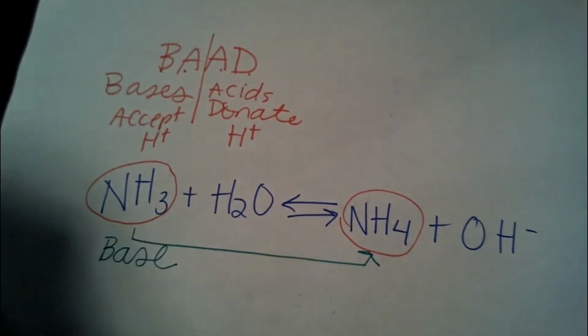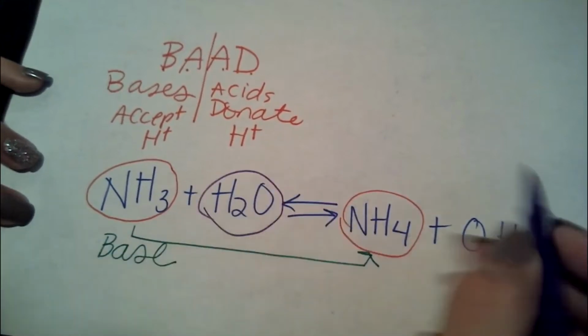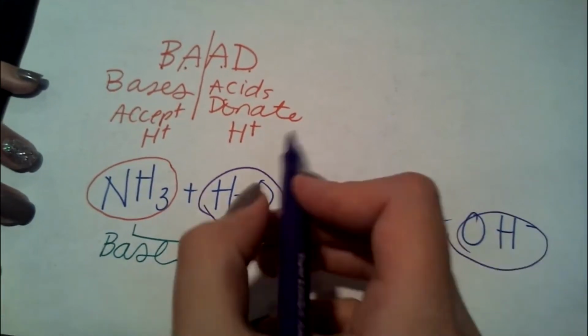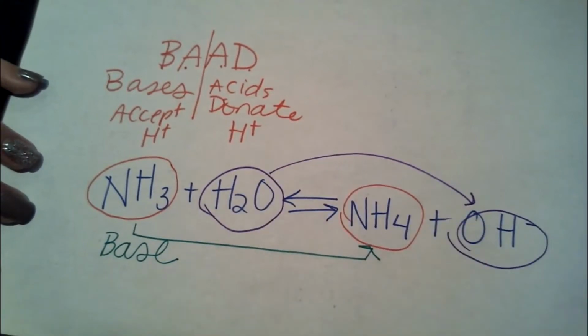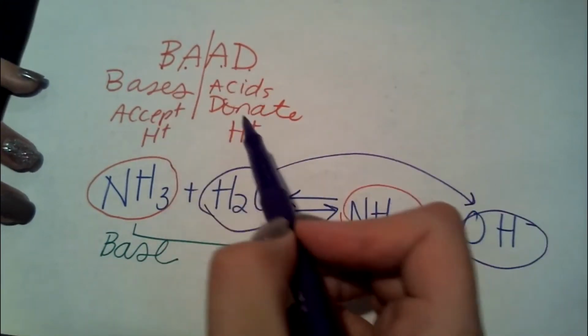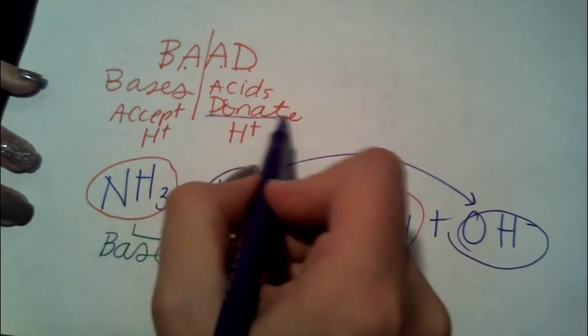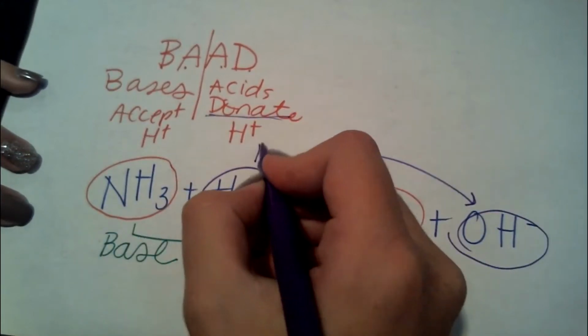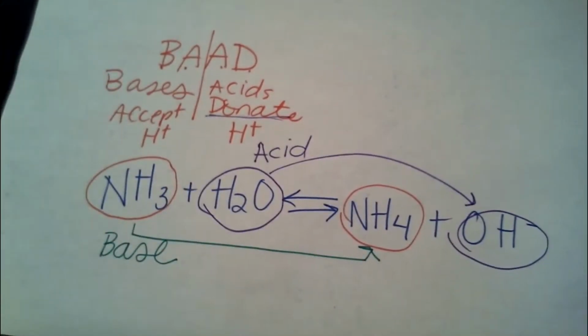Then if we have things that look alike, H2O kind of looks like OH minus. Between these two, to get from here to here, it had to have lost that H plus, which means it donated it. So if H2O is donating the H plus, that makes this your acid. So in this case, water is acting as your acid.